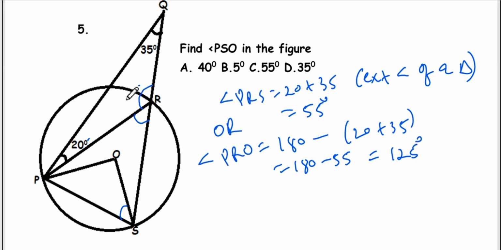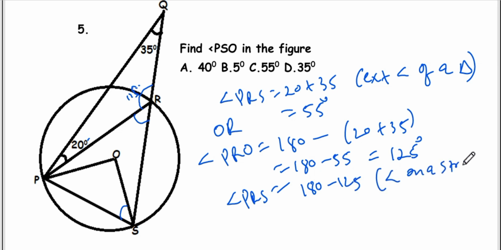Then to get angle PRS, since it's a straight line, and angle on a straight line is 180, that becomes 180 minus 125. That's 55 degrees. So instead of going through this long process, I'll rather add these two angles to get this.